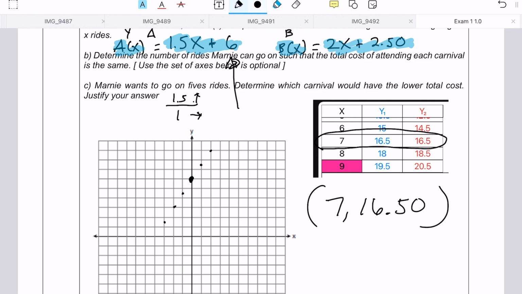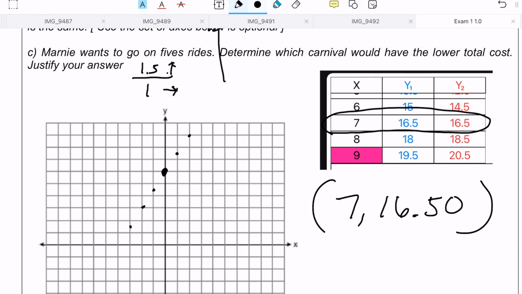Okay, so actually the graph won't show it, so we can just resort to using the table.